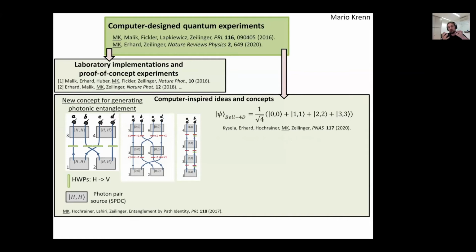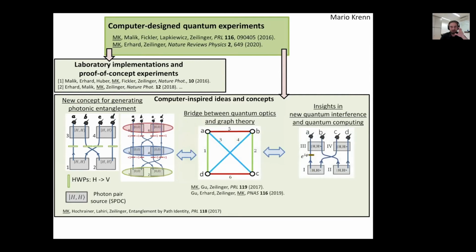Again, because this high-dimensional entanglement has much more information encoded in the individual photons. And a proof of principle experiment of this scalable source has very recently been done by some of my colleagues in Vienna.